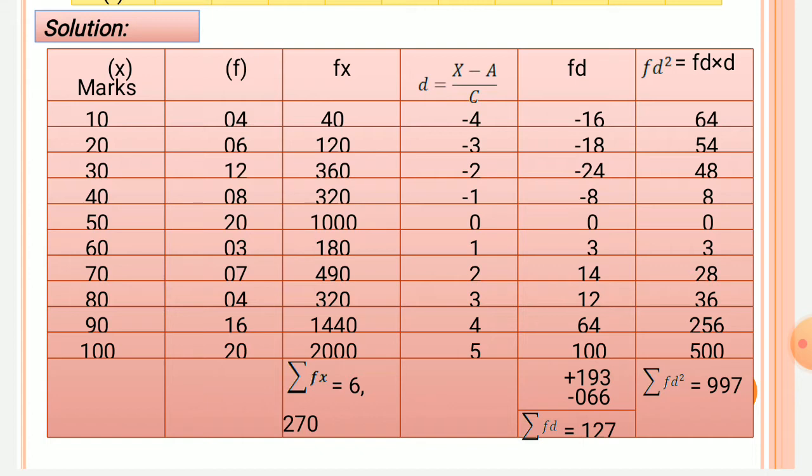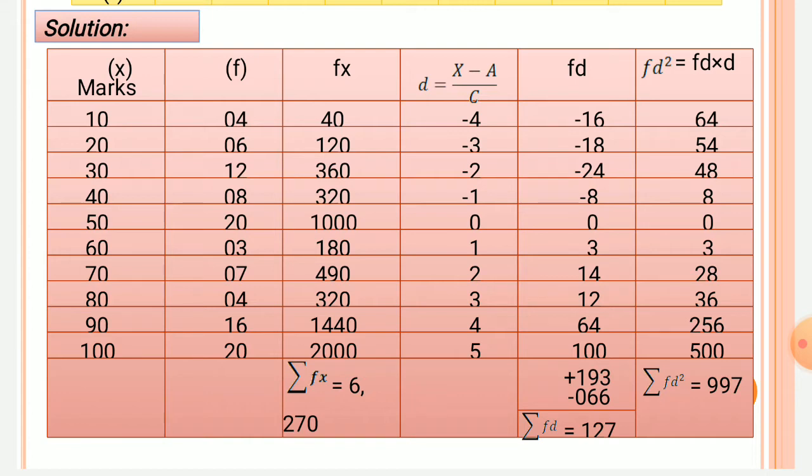Then d has to be found. How do we find d? So d can be calculated as x minus a by c. x is the given value 10, minus a, here the assumed mean 50, by c, the size of the class, if equal values are given.